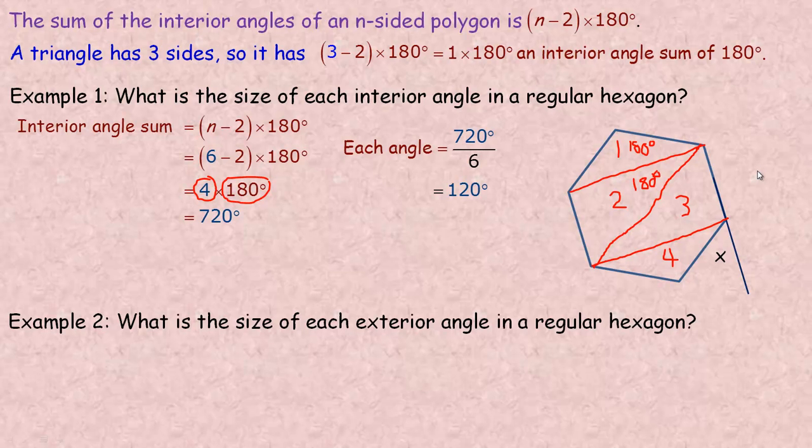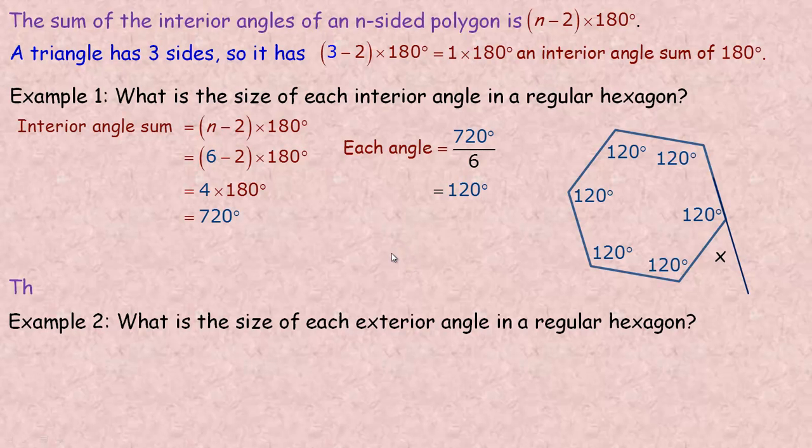So if you ever forget the formula, that's what you can do to find the interior angle sum. Now another property, and this relates to example 2 here, and okay, there's my 120s again.